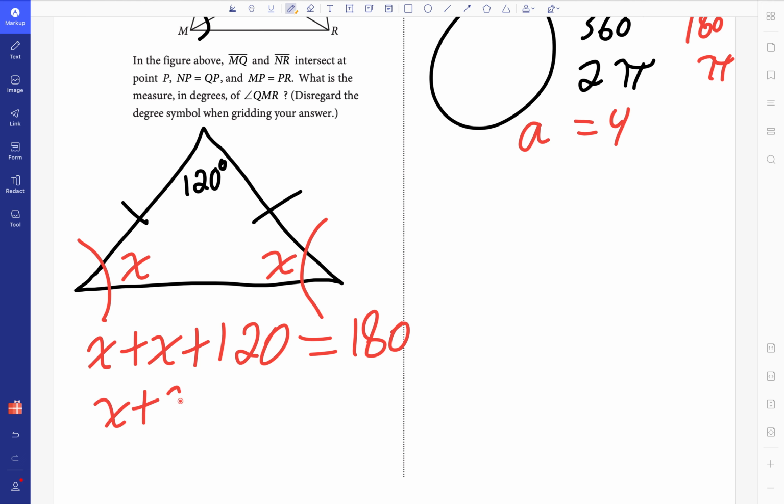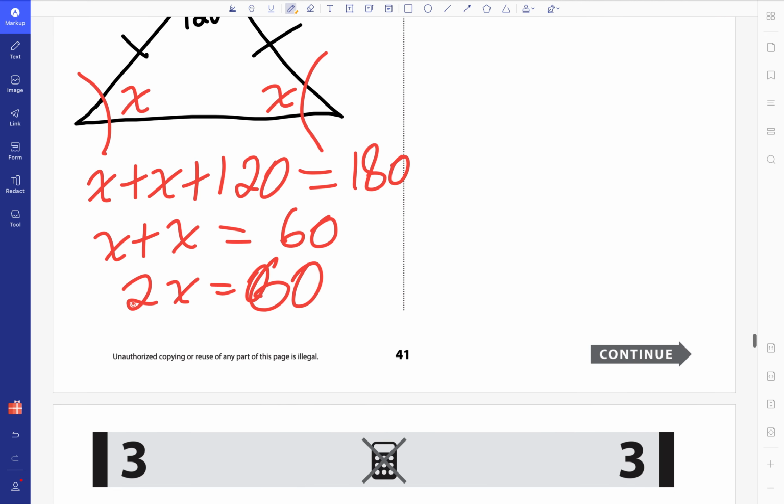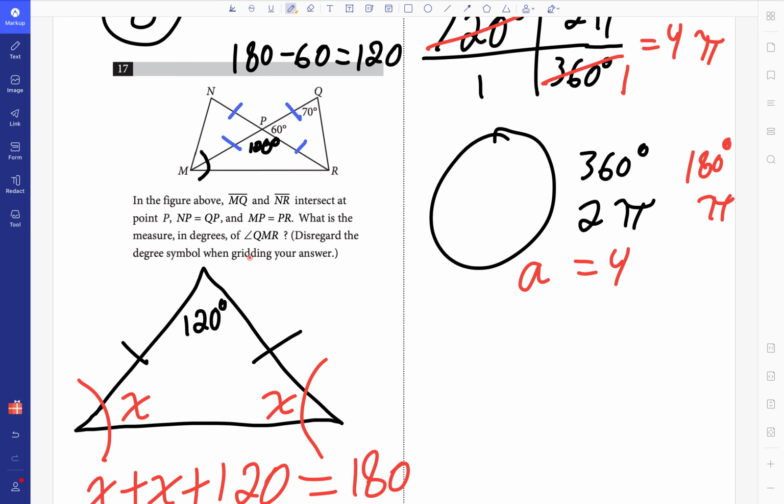So x plus x equals 60. 2x equals 60. Therefore, x equals 30. And therefore, my answer over here, the value of the angle QMR, equals 30 degrees.